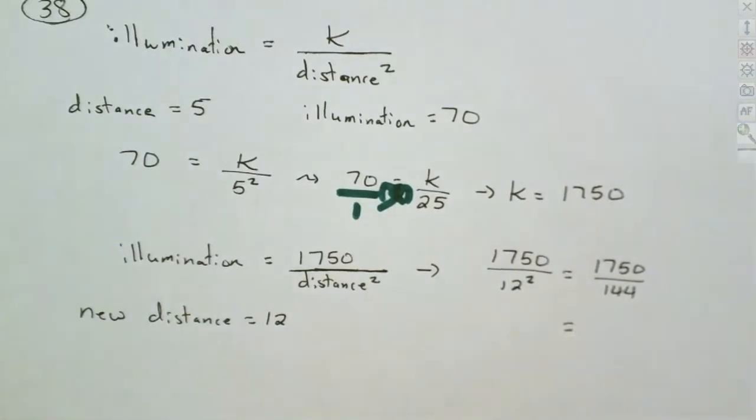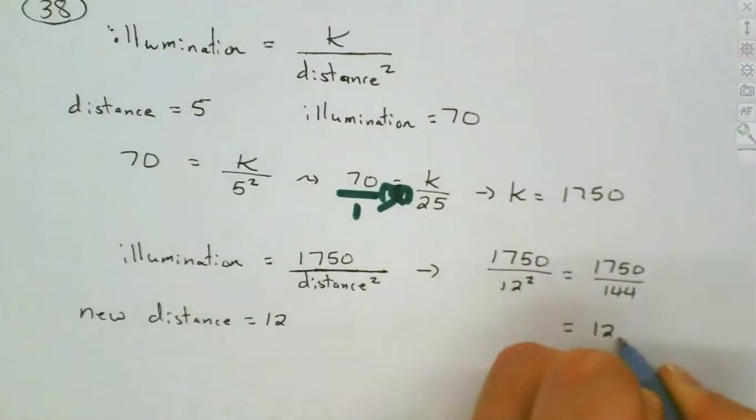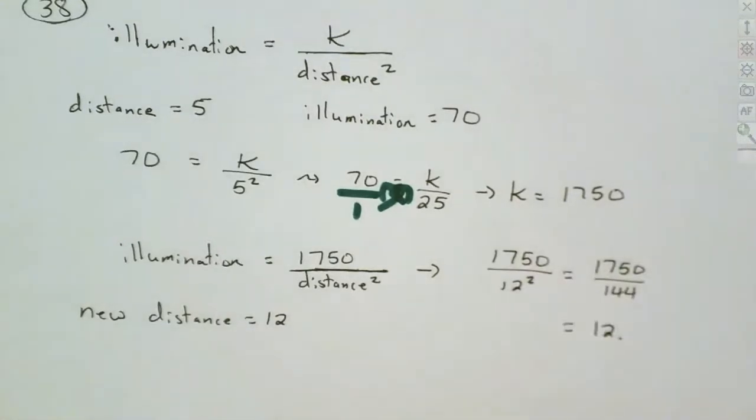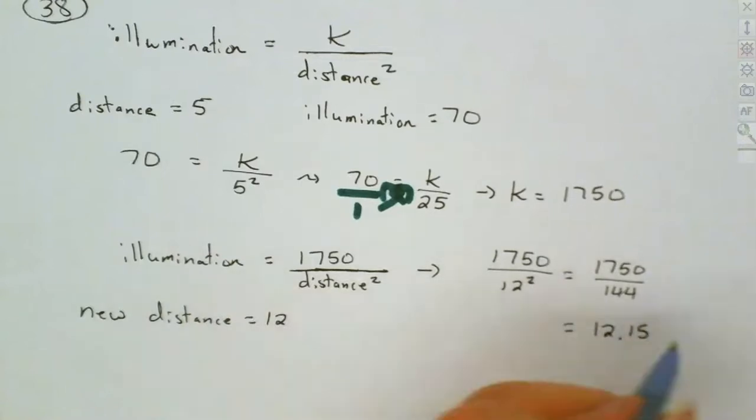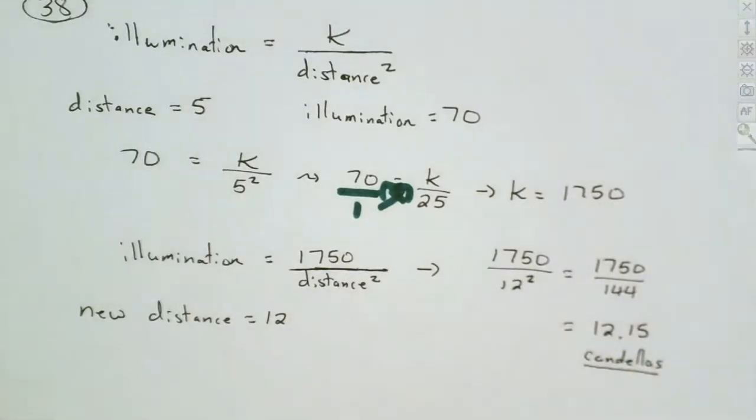So 1750, we're going to divide that by 144. And it looks like it's 12 point, yep, if we round, 12.2, and that's going to be candelas. So we moved further away, so what happened to the illumination factor? The illumination factor went down because we're further away, so it's not as bright.